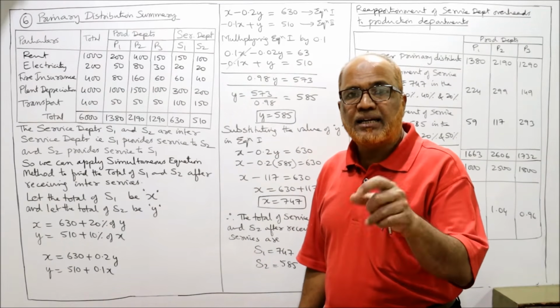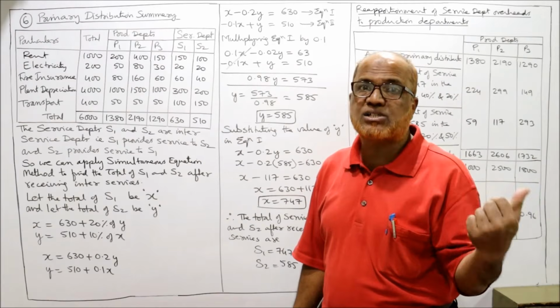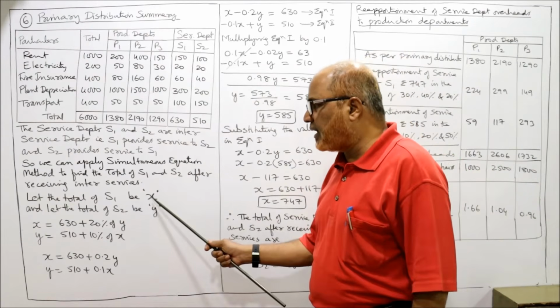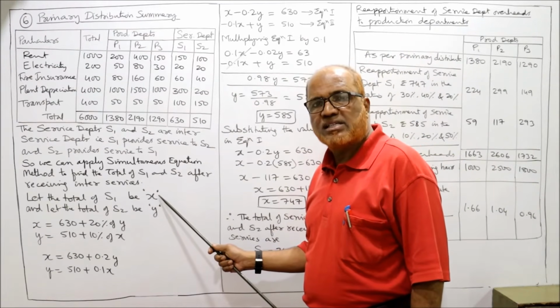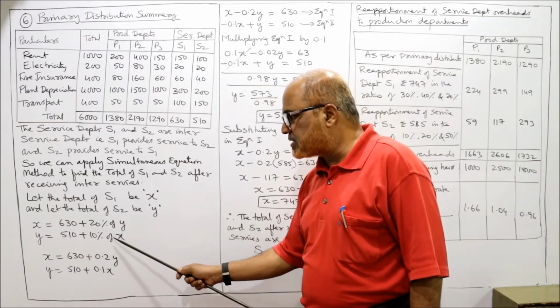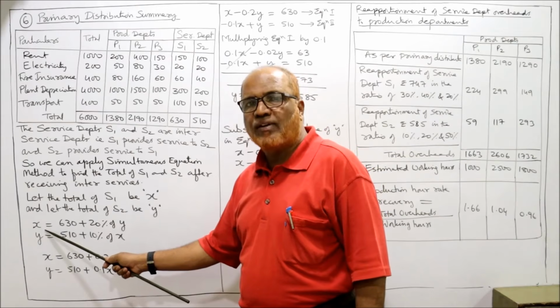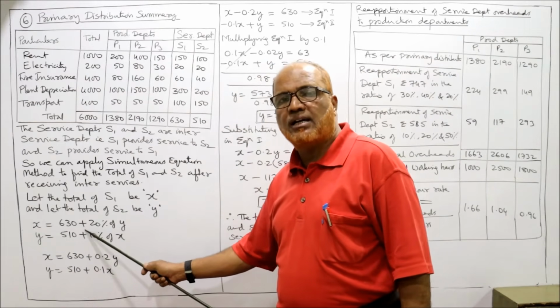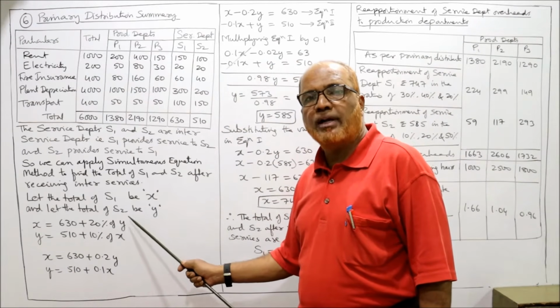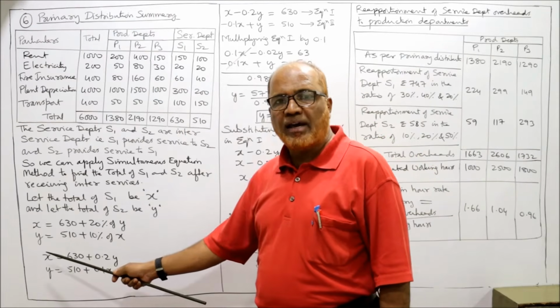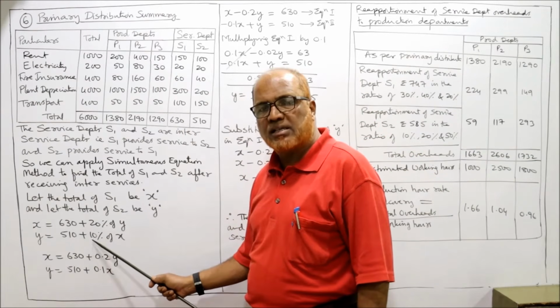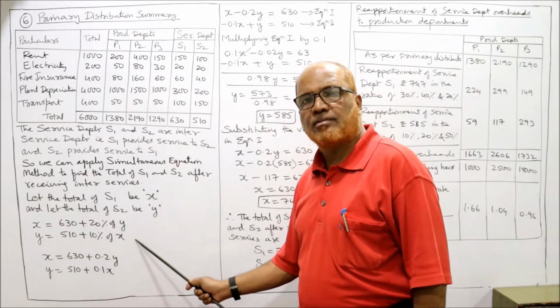S2 is getting 10% service from S1. S1 का total क्या है? X है. The total of S1 is X. So 10% of X. In other simple words, I can say the total of S1 is 630 plus 20% of Y. And Y is equal to 510 plus 10% of X.